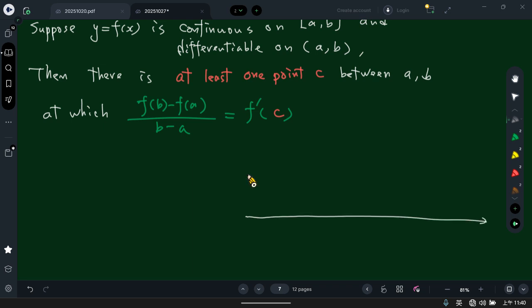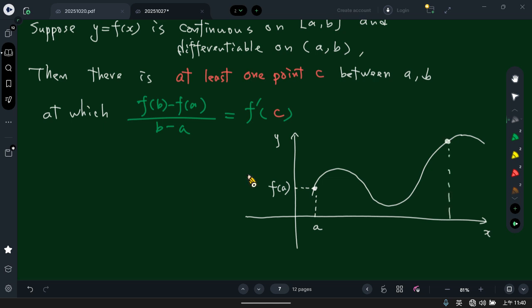The idea is just like this, x, y, right? If we have a function something like this, we have a point A here, so that we have f of A. Then we have a second point B here, and we also have f of B. What do we mean by this?